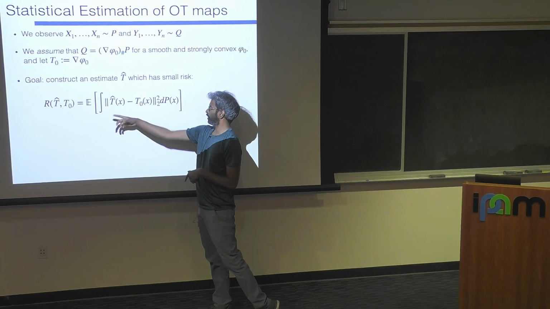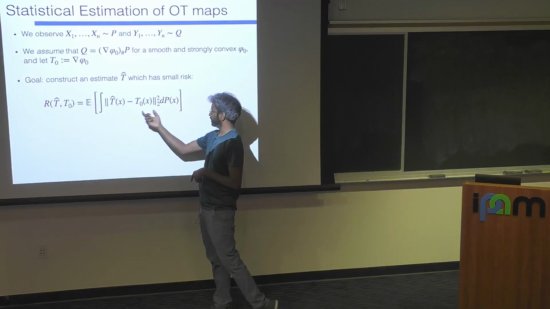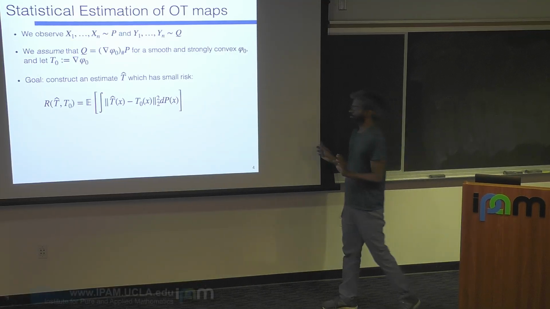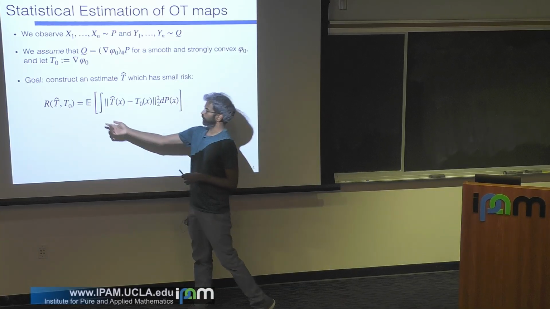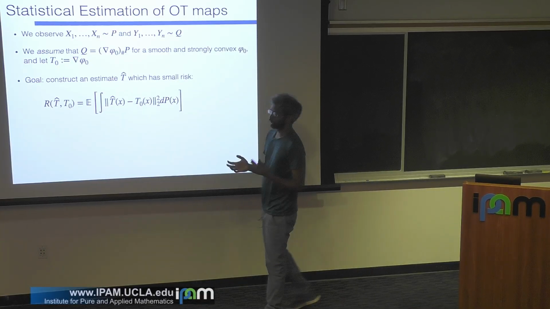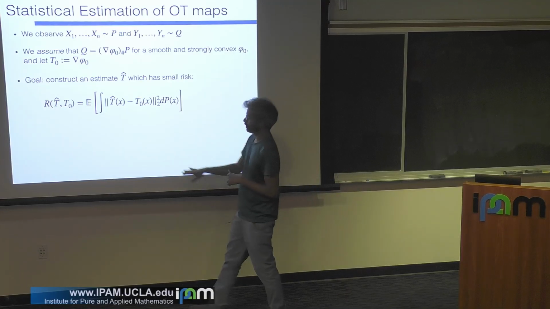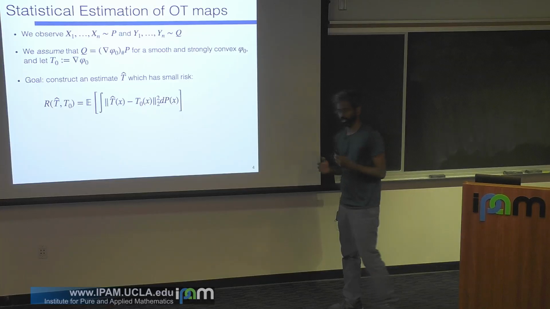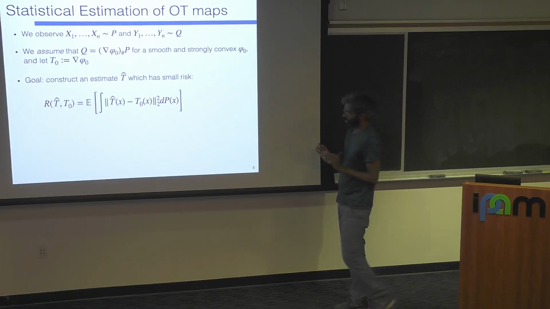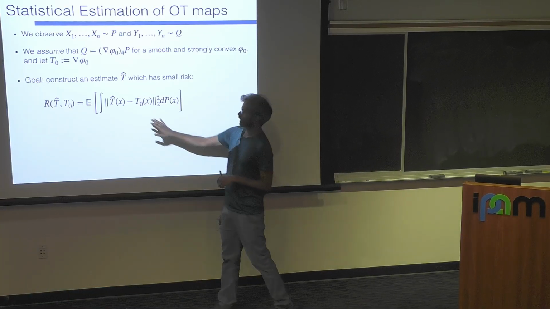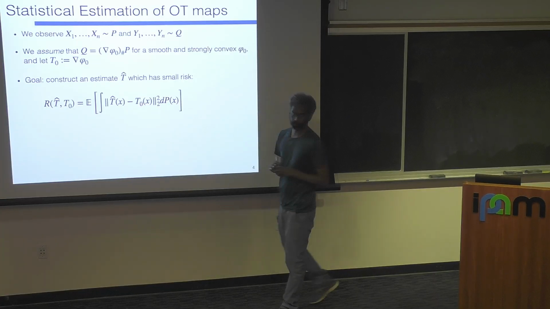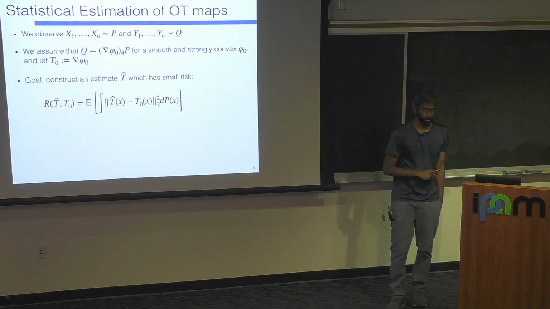Look at the integral of the squared distance between T hat and T0. It's taken according to the measure P. And then we'll take an expectation over the randomness of the samples. So the samples X and Y are random. T hat is some function of these samples X1 through Xn and Y1 through Yn, and we'll take an expectation over these. So the goal for us will just be to construct an estimate T hat, which has small risk. So this is the risk that we will care about. Is everyone okay so far?